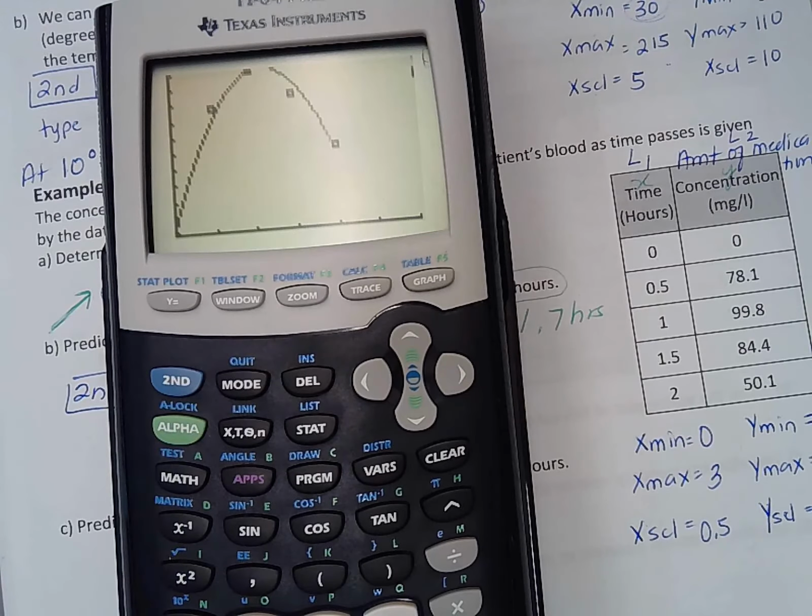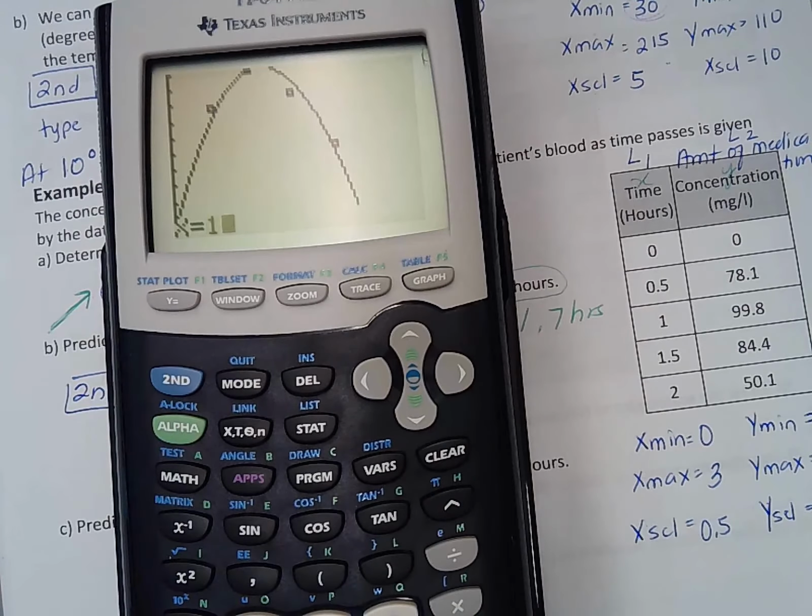Oh, that's a nice graph. That's a beautiful graph. Now, can you see that the x is blinking? Yeah, it's blinking because it's waiting for us to enter the x value. So we're going to enter 1.7.